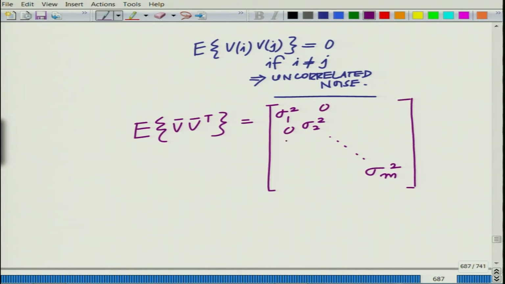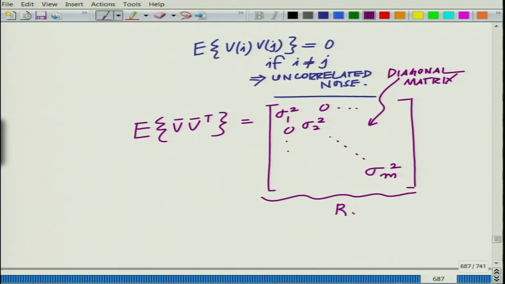This is a diagonal matrix which we are going to call R. This is because the noise samples are uncorrelated, but they can have possibly non-identical variances: sigma 1 square, sigma 2 square, sigma m square.